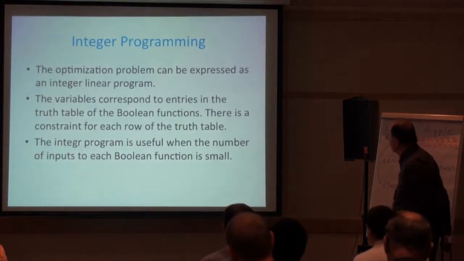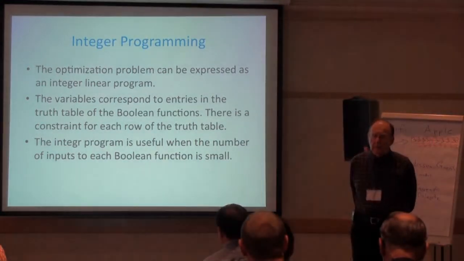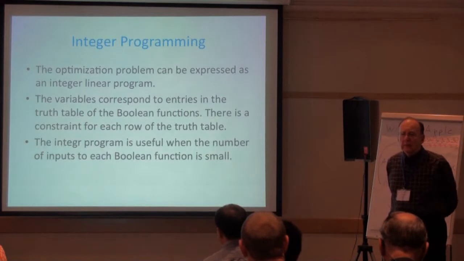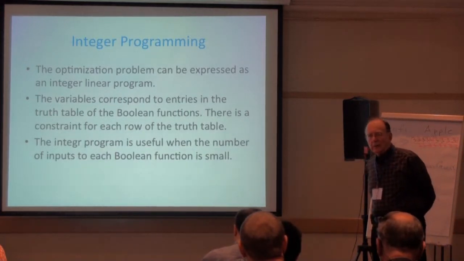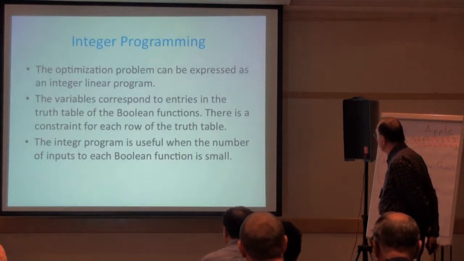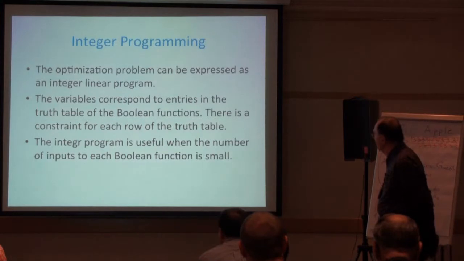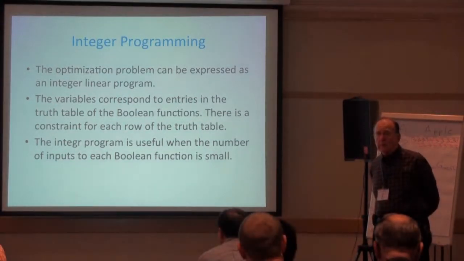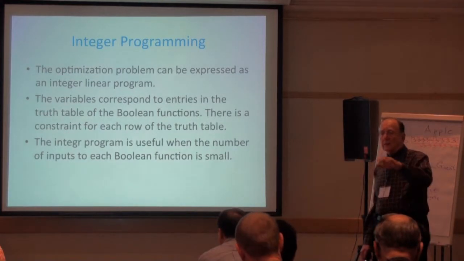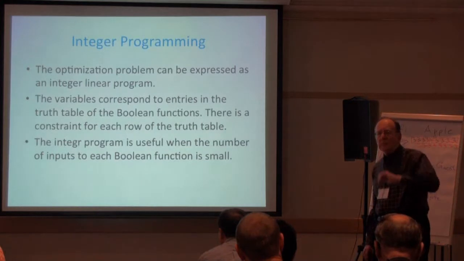And then through some rather clever encoding techniques, one can write down all of the constraints imposed by these truth tables as integer linear constraints, where the number of constraints associated with each one of the edges of the network, each one of the Boolean functions, is 2 to the power k, where k is the number of inputs to the Boolean function.